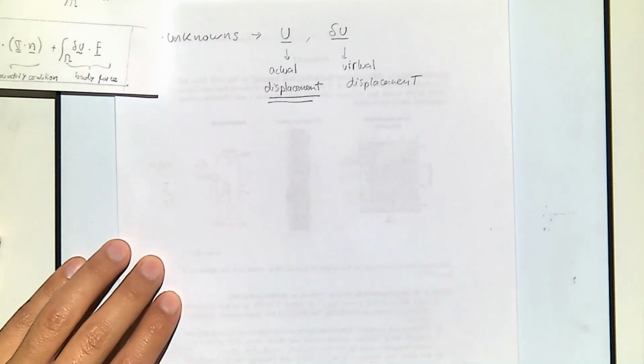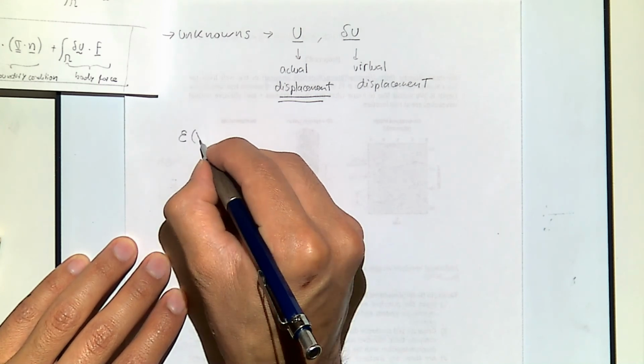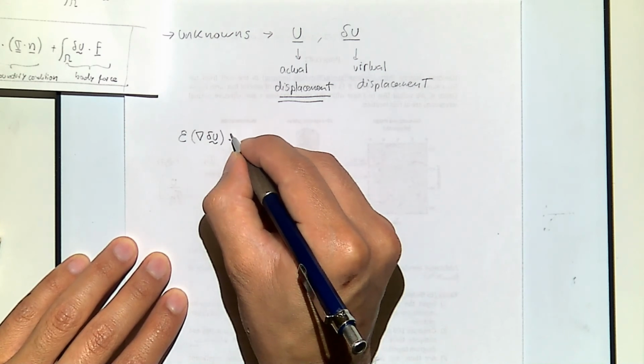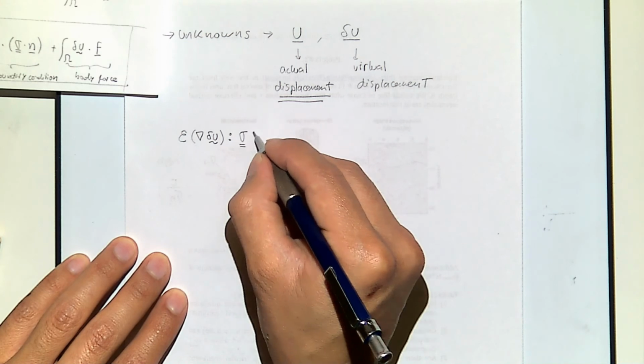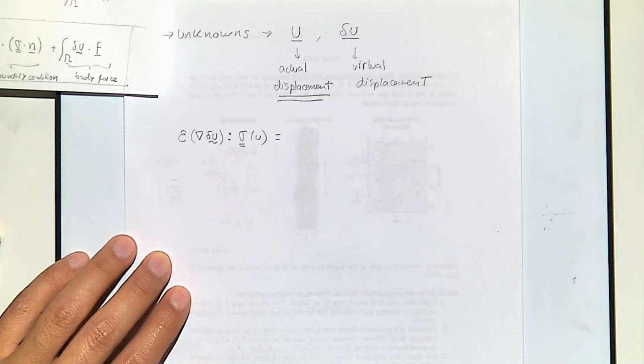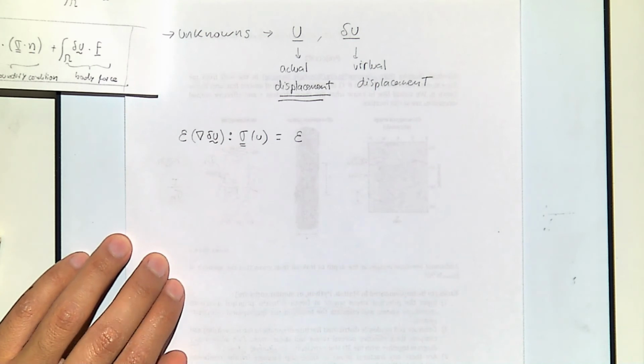One more thing, I told you that I will explain what is the tensorial product of the strains times the stresses. Tensorial product is like a dot product, like for a matrix. So, for example, dot product for two vectors, you multiply element by element and you add them up, right? For the tensorial product, it's the same, but you go through all the elements in the matrix.